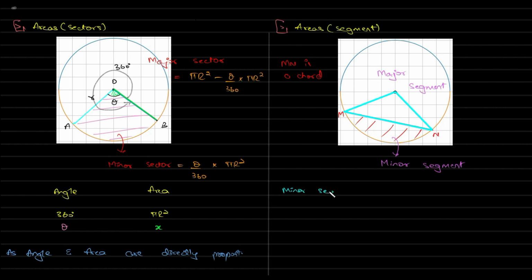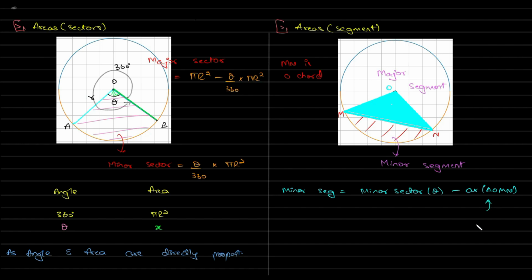Minor segment is equal to the minor sector making an angle of theta, minus what? What should I subtract? The area of triangle OMN, is it not? If I subtract this particular area, I'll get the area of the minor segment. But how will we calculate this area?